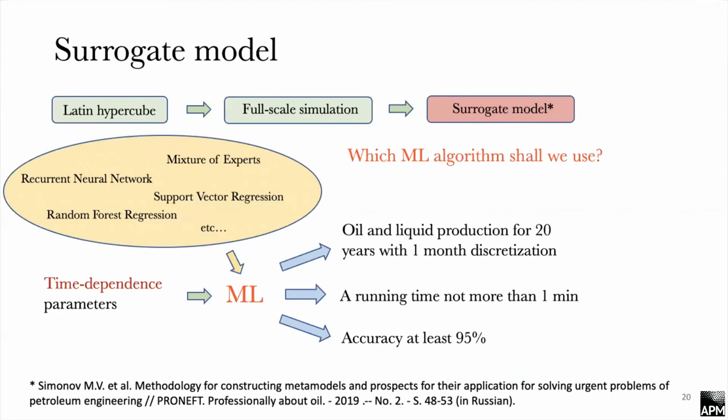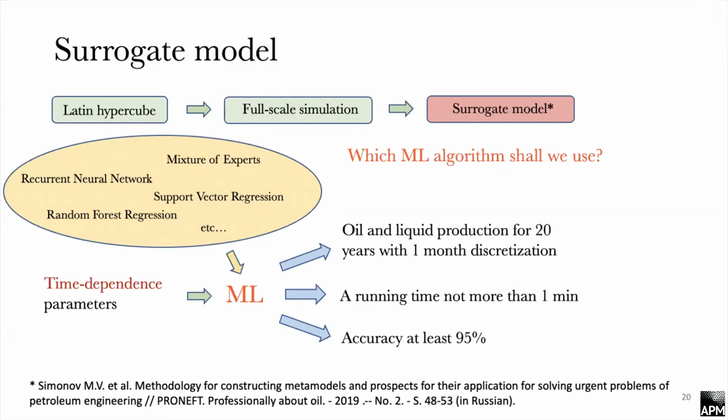And at the moment, we build the Latin hypercube to generate the number of cases to train the surrogate model, but we still have questions to solve. Because we work with time-dependent parameters as an input, and as a result, we also want time-dependent oil and liquid production for more than 20 years with 1 month discretization. We need a program with a running time of not more than 1 minute and an accuracy of at least 95%.